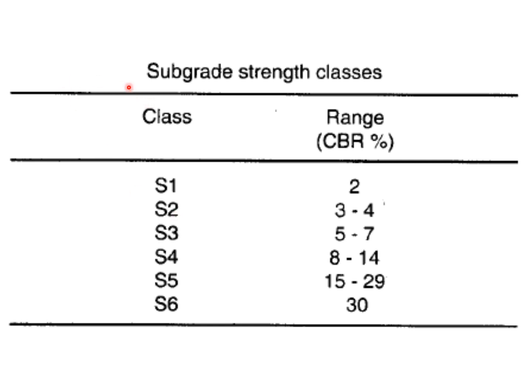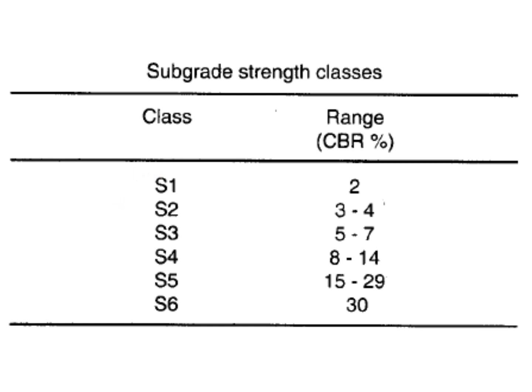On this slide, you can see that we are having 6 classes for the subgrade material, and you can see that the CBR values or ranges are mentioned in this column. So based on the CBR value, we can get the class of the subgrade.